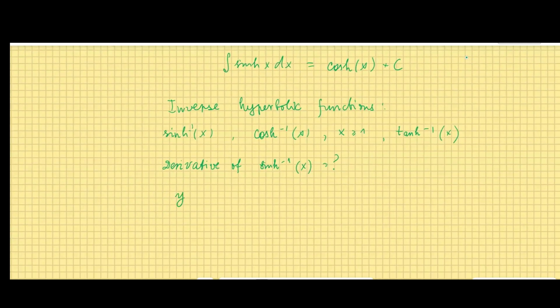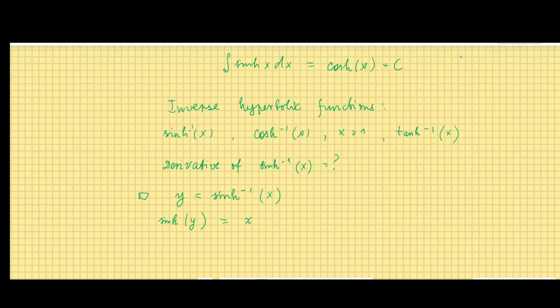Let's write down that y equals sinh inverse of x, right? As usual, we can take sinh of both sides. Sinh is a one-to-one function, so we can do that. So we are going to take sinh here, and sinh and sinh inverse are going to cancel each other, and we're just going to get the argument x.